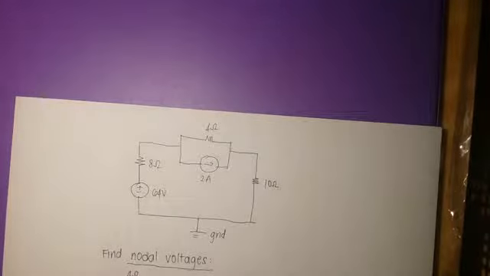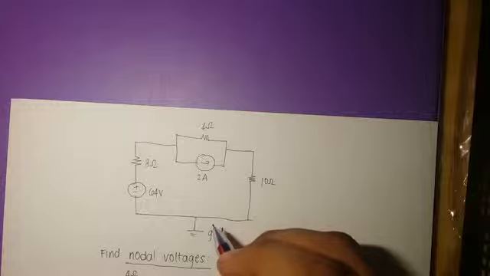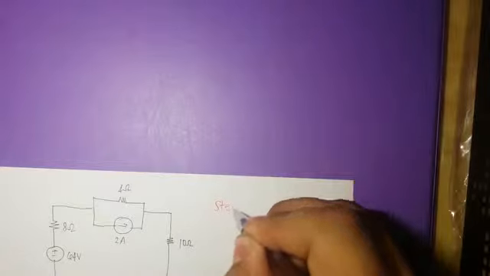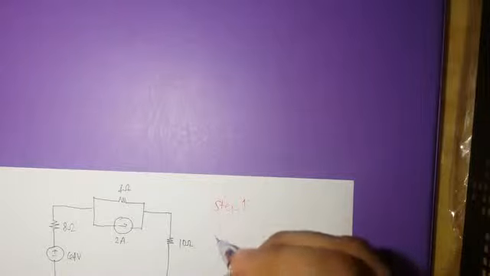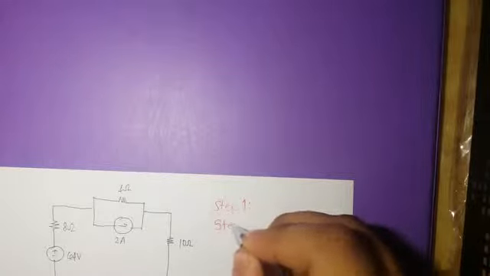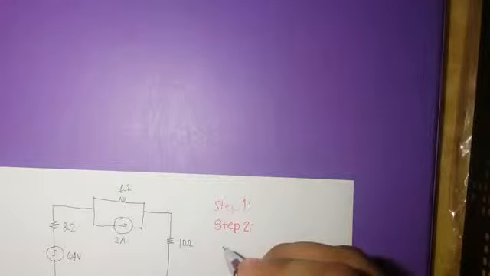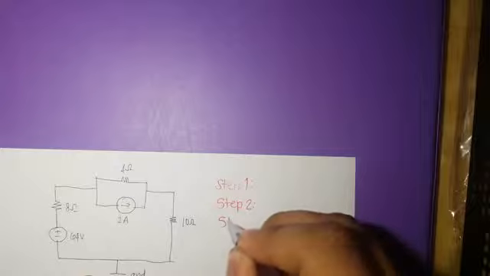Nodal analysis, like mesh analysis, can be applied by a series of carefully defined steps. The examples to follow explain each step in detail. First, determine the number of nodes within the network. Second, pick a reference node and label each remaining node with a subscripted value of voltage, V1, V2, and so on.